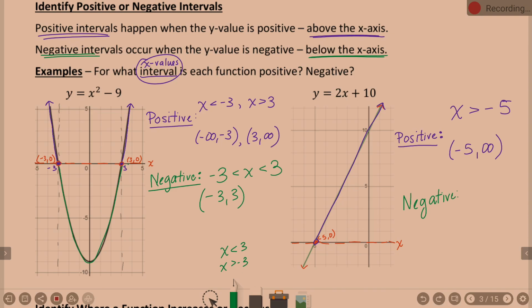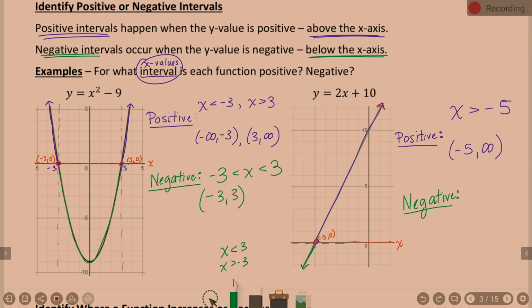Okay. The other part, negative. When is my graph negative? So I'm asking you, when is it below the x-axis? -5 and to the left. How do we express to the left of -5?